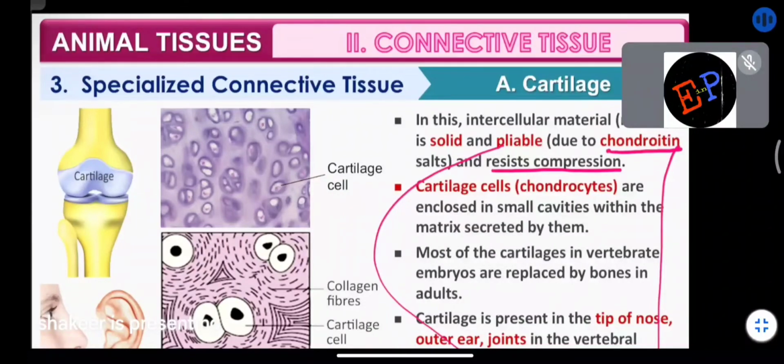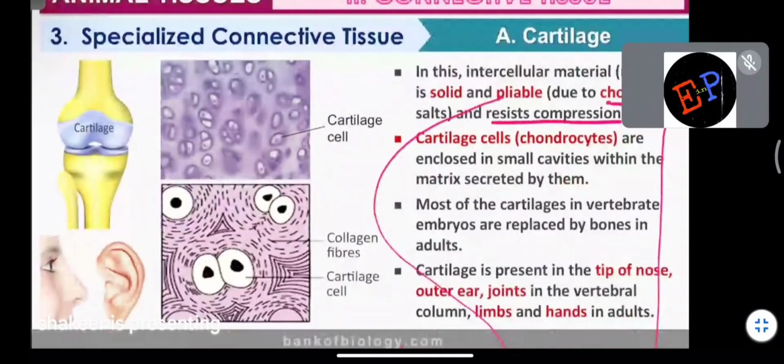Vertebrate embryos means embryos which develop into vertebrate animals. In the earlier stages, most of the body is made up of cartilage, but in the adult stage, finally it will be made up of bones.